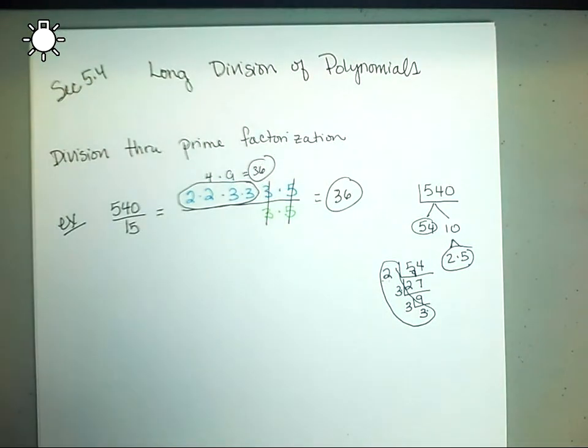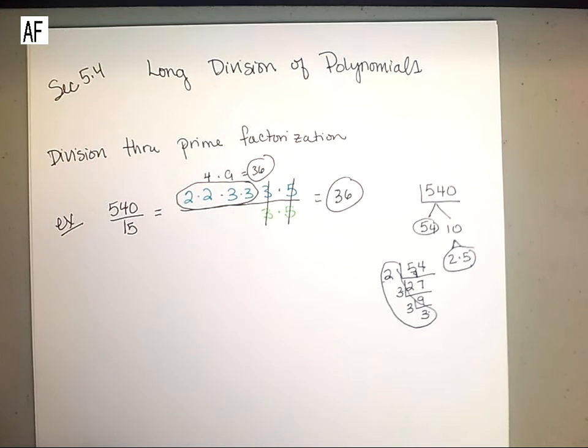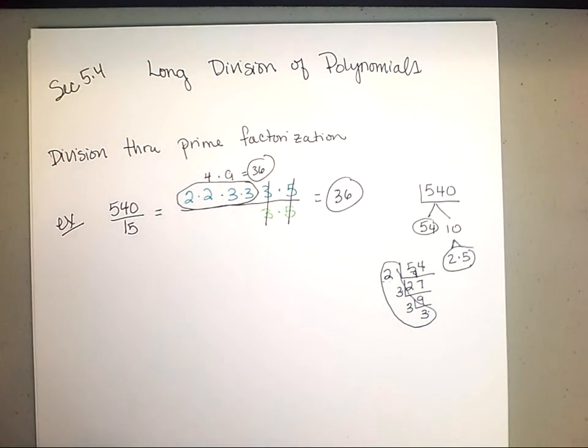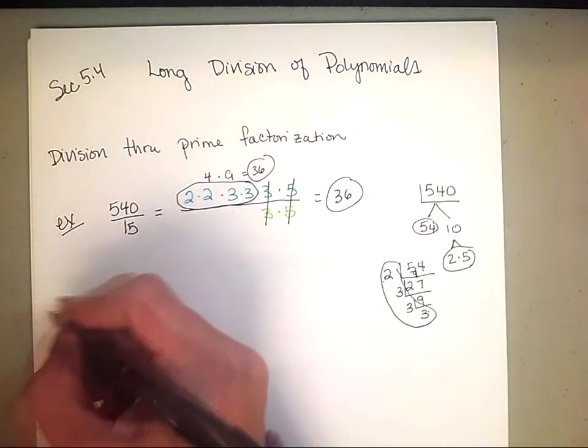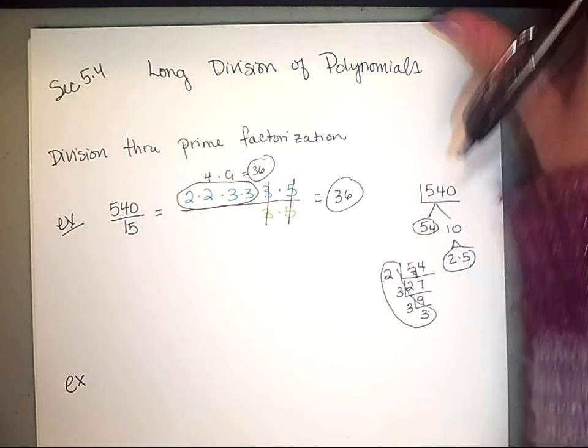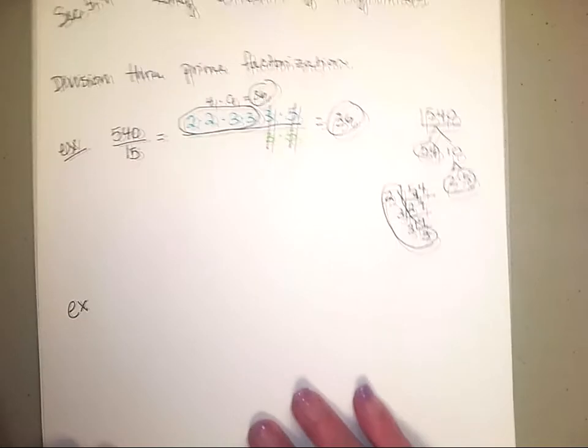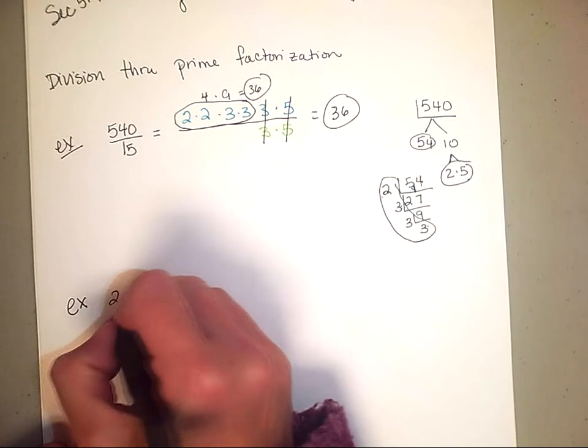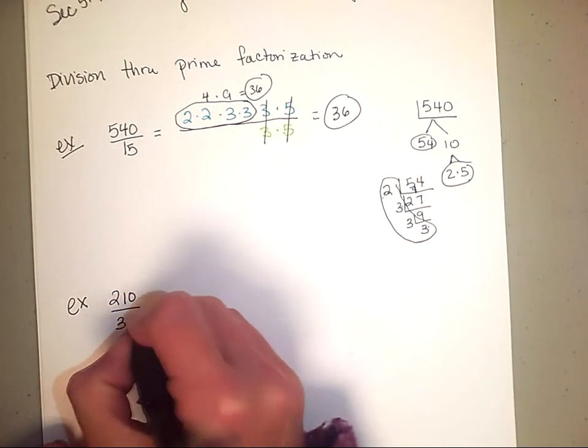Sorry, this isn't so clear. Let's try this. There we go. Okay, let's try another one. So for example, if we had to divide 210 by 35.